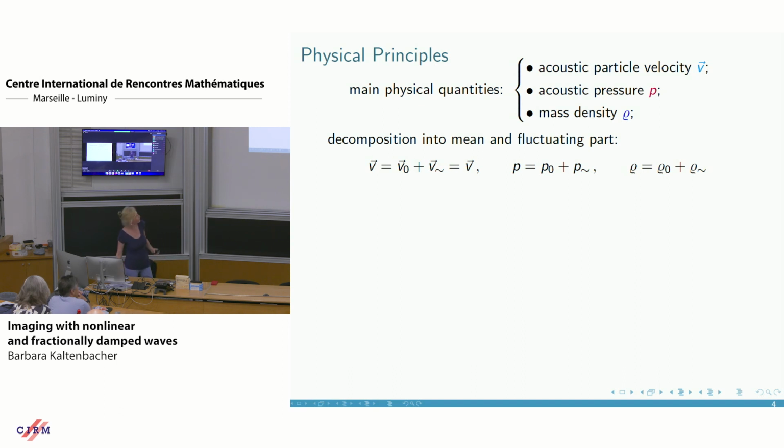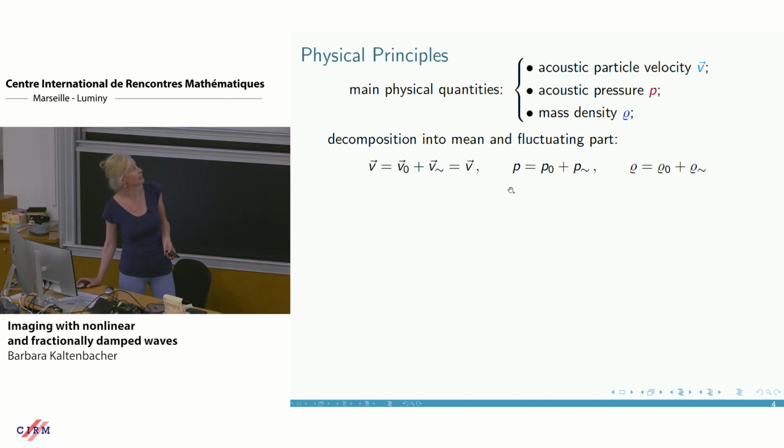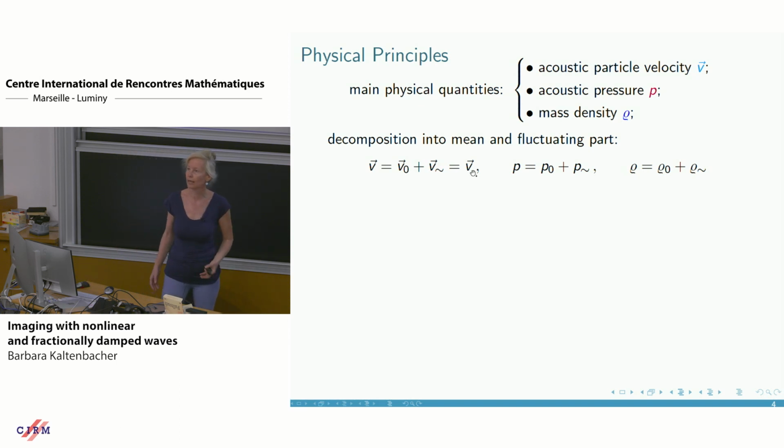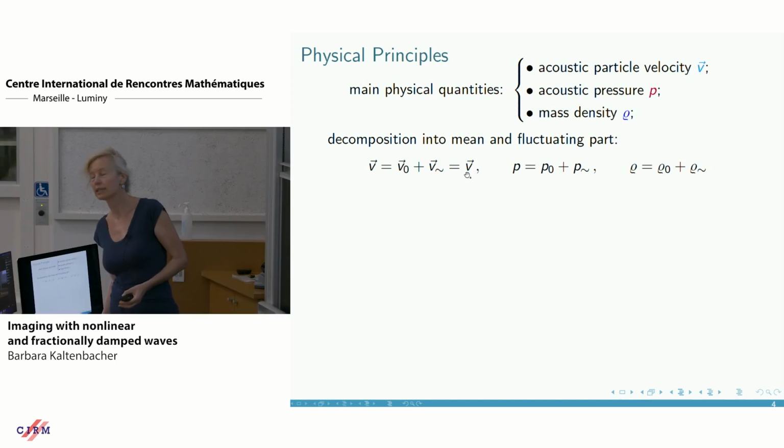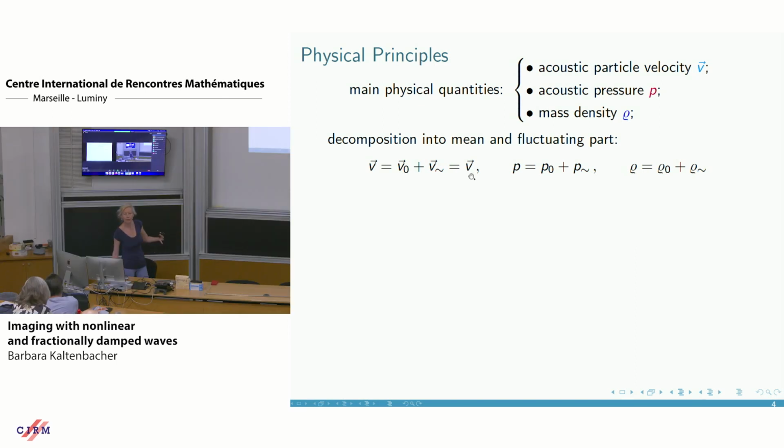They evolve around a mean part that is constant in space and time, especially for the pressure and for the mass density. So there's fluctuation around constant parts. For the velocity, this is not the case. It would be the case if we would have some flow, but we don't consider this here. So the velocity itself, so to say, is a fluctuating quantity, fluctuating around zero, so to say.